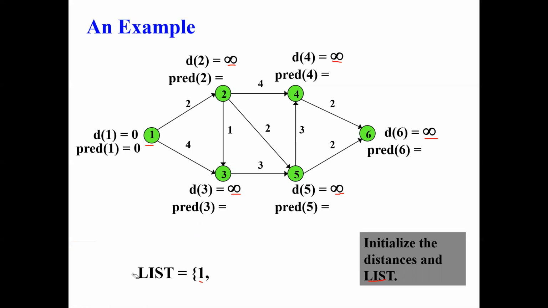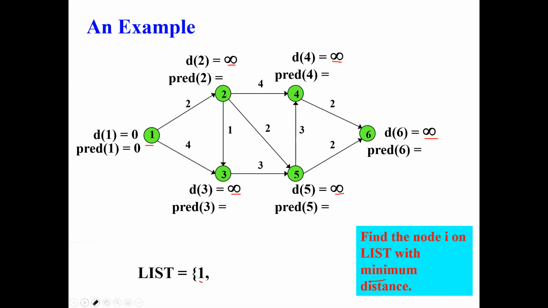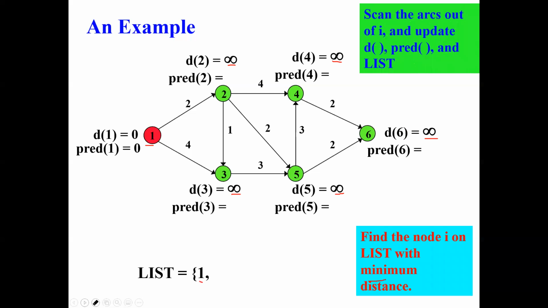From here, we find a node I on the list with the minimum distance. We only have 1, so we start with 1. And from here, we scan the arcs out of I and update the sets D, pred, and list.